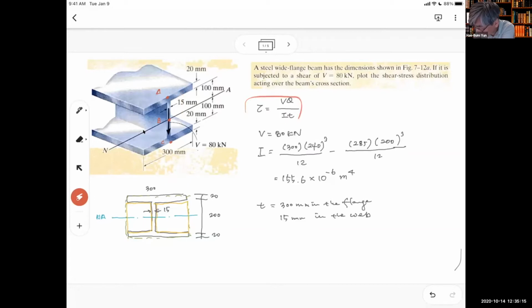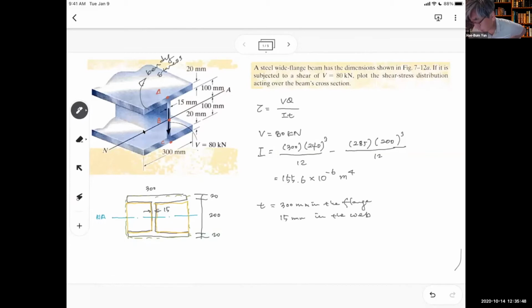So we're gonna have a lot larger stress in the web, which means we put the flange away from the neutral axis to carry the bending moment, right? Because we have a larger I. So that flange is used to carry the bending stress.